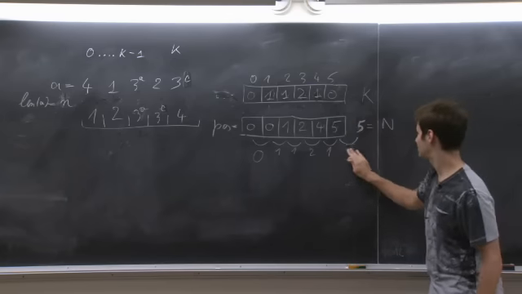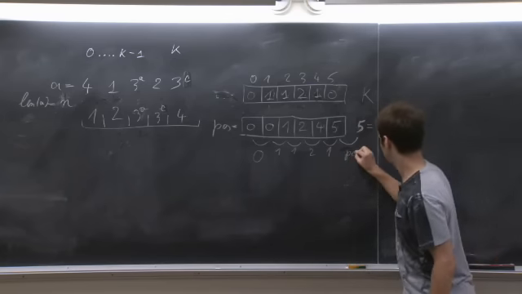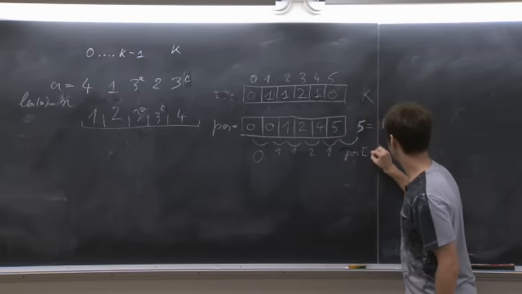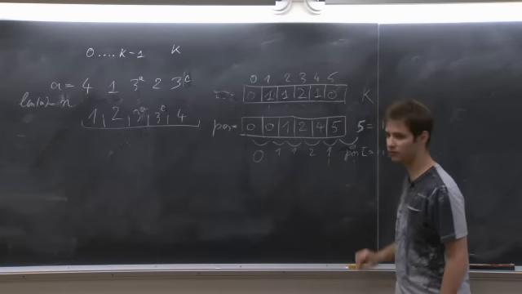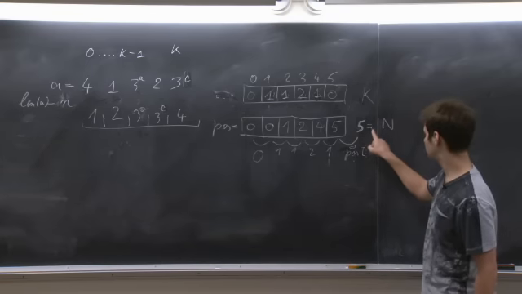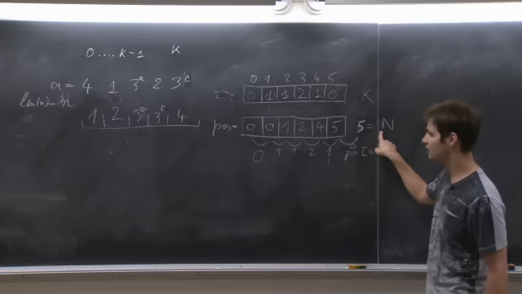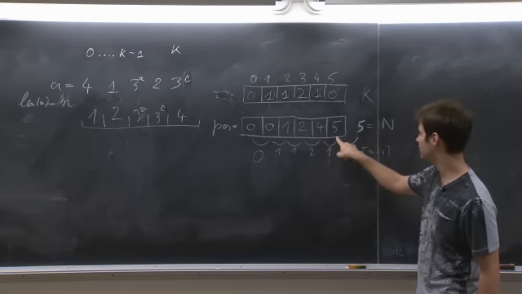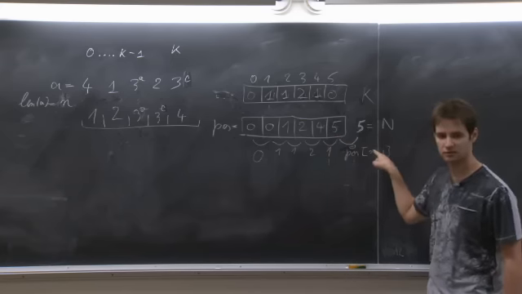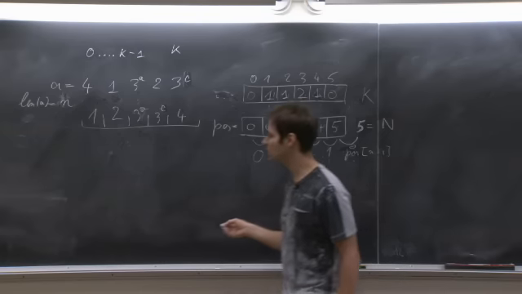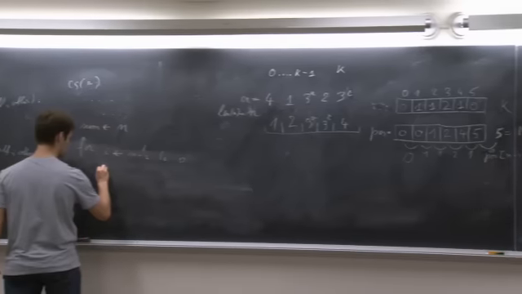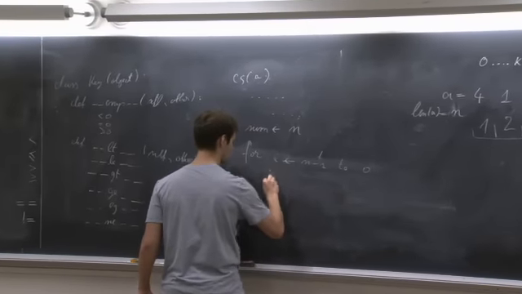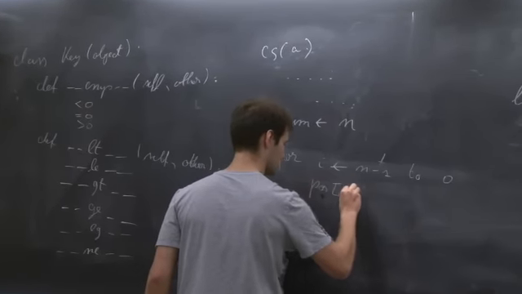Yeah, so this is pos of n minus 1. This is pos of n minus 2, and so on and so forth. So to get from n to the value here, I have to subtract this guy. Pos of i, right? Pos of i.